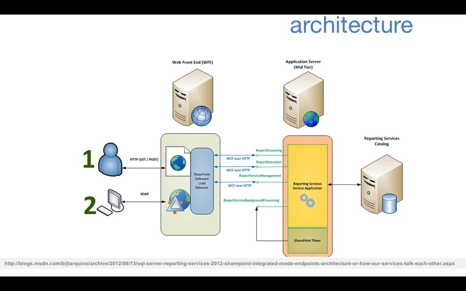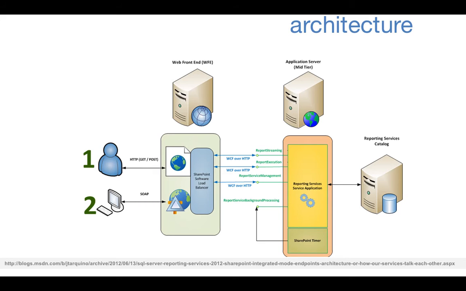In the past, SQL Server 2008 and earlier, if you wanted to scale out reporting services, you just provided scale out options on your reporting services instance, and reporting services would take care of scalability and load balancing. Now, if you wanted to include reporting services in your SharePoint farms, you only told SharePoint, look, here's the URL, here's how you access your reporting services instance, and I'll let you figure it out.